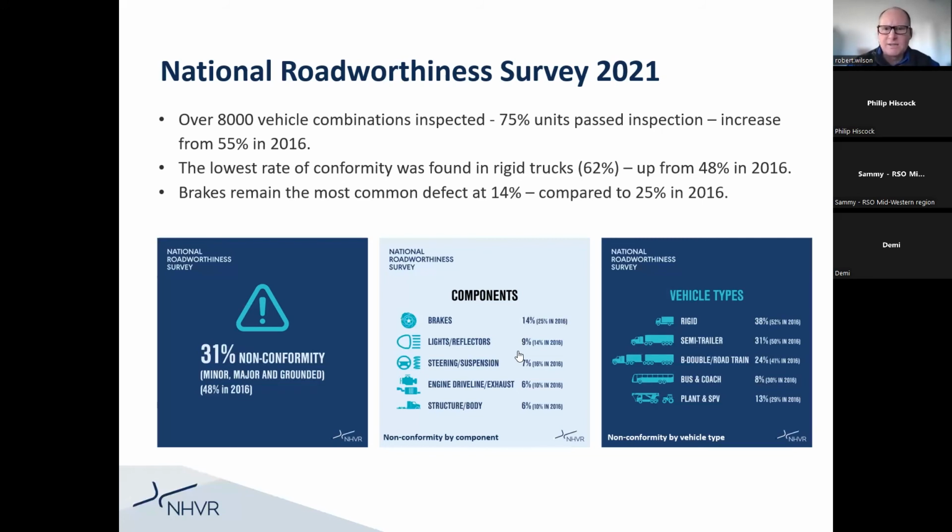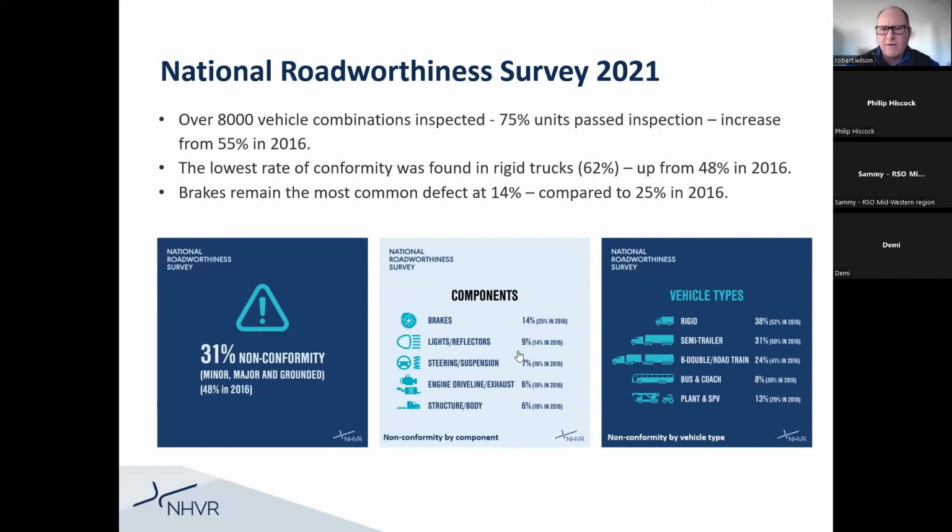75% of those passed inspection, so there was no non-compliance detected, which is a significant increase from back in 2016. The lowest rate for conformity, so the highest non-compliance, was in rigid trucks, which was just up from 48%. So significantly non-compliant was the rigid truck component of the fleet.